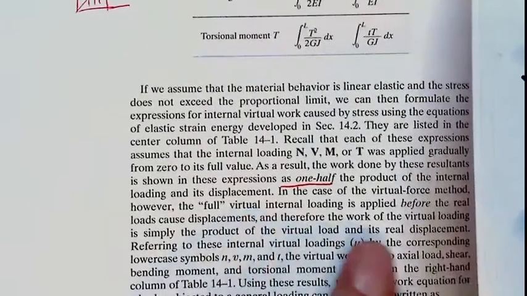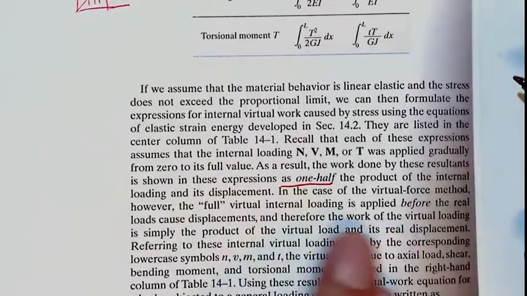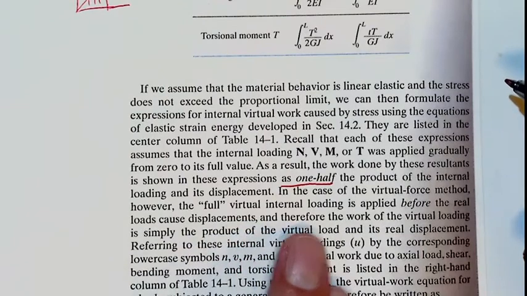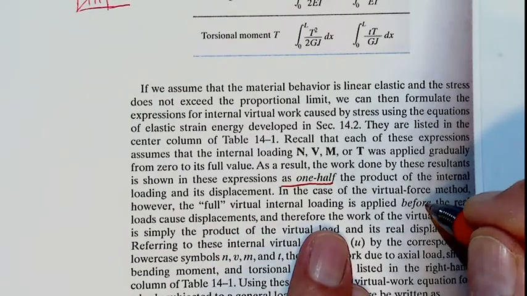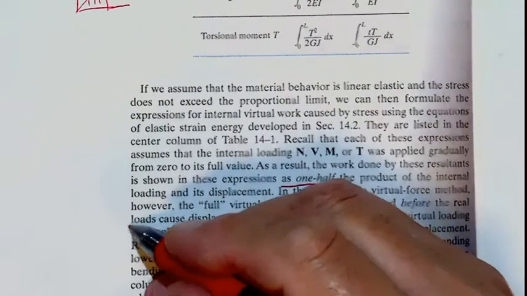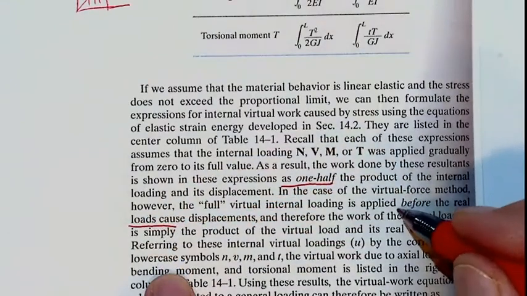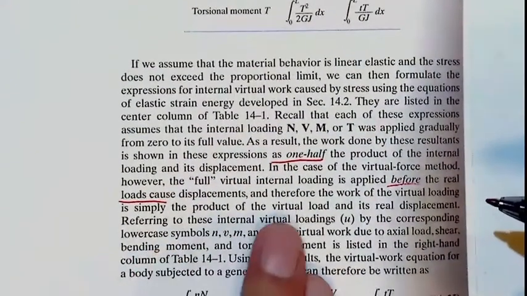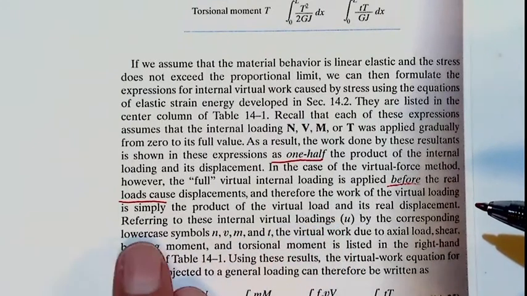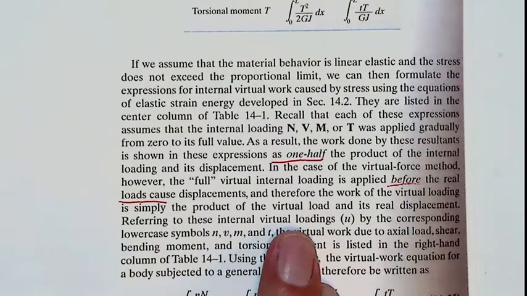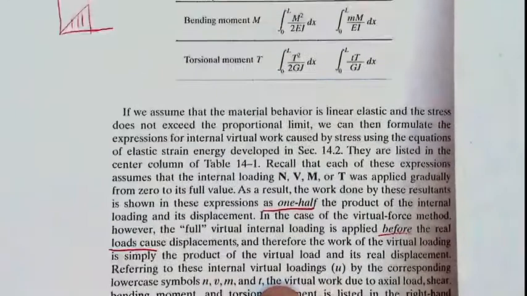In the case of the virtual force method, however, the full virtual internal loading is applied before the real loads cause displacements. Before. And therefore, the work of the virtual loading is simply the product of load times proper displacement.